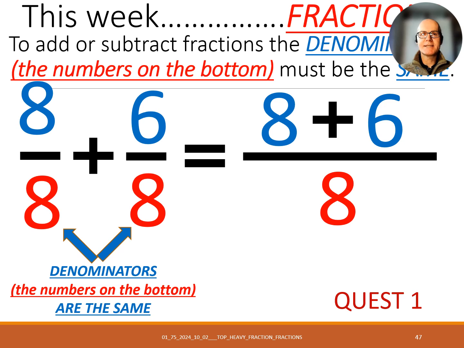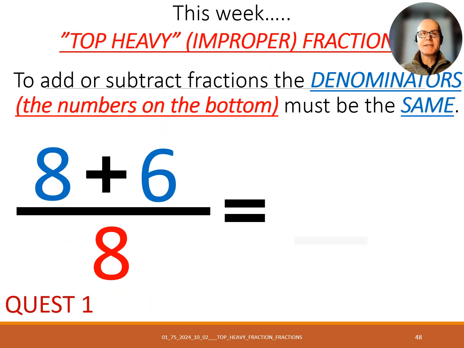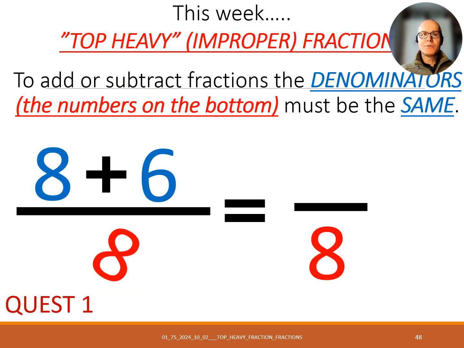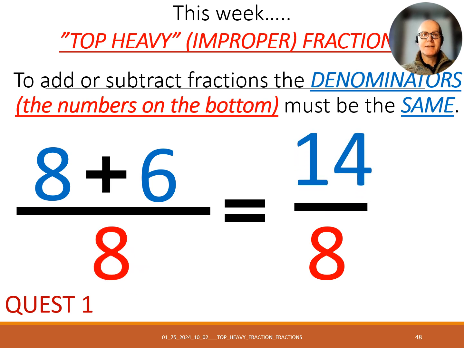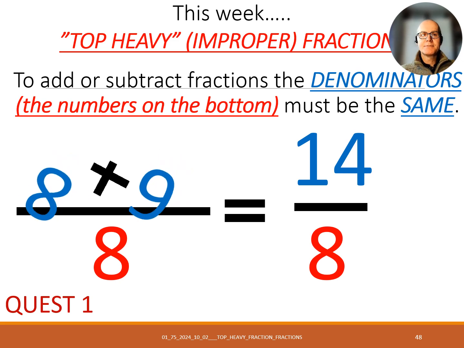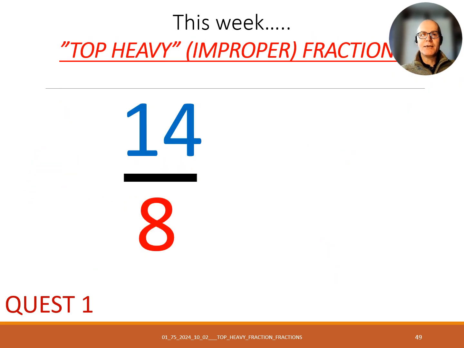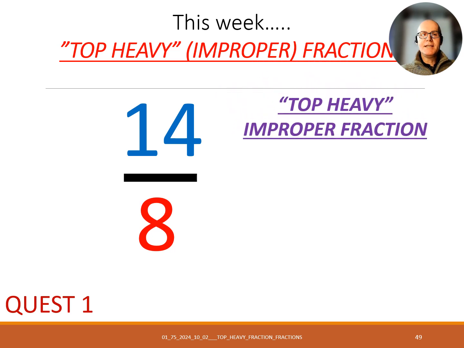8 plus 6 equals 14. 8/8 plus 6/8 is 14/8. 14 over 8 is a top-heavy or improper fraction.